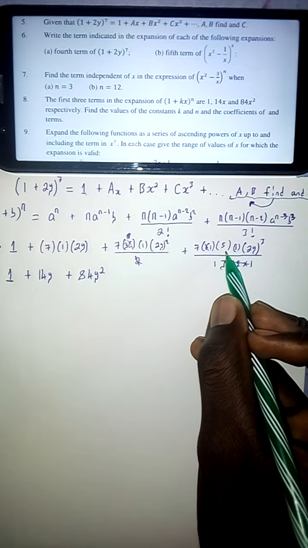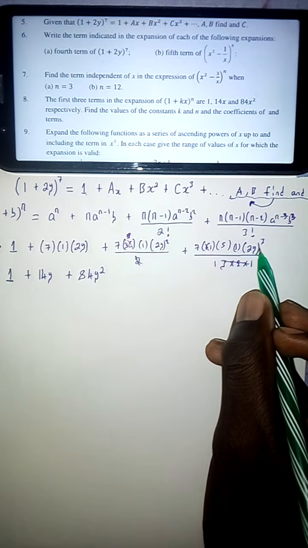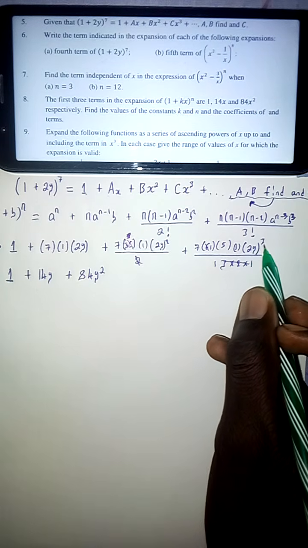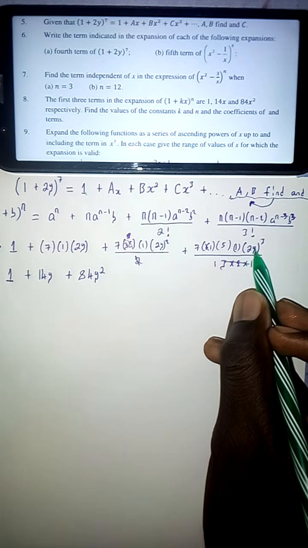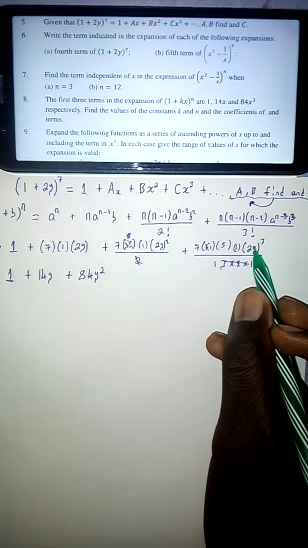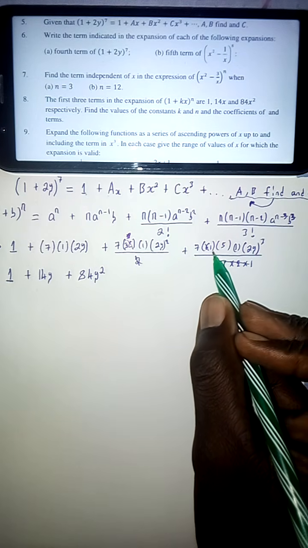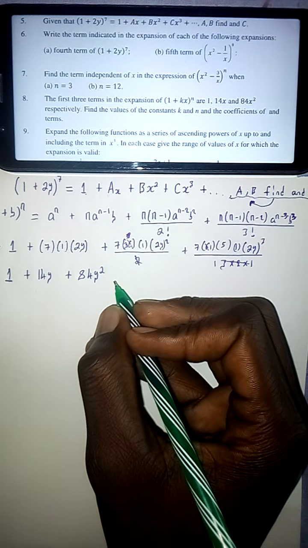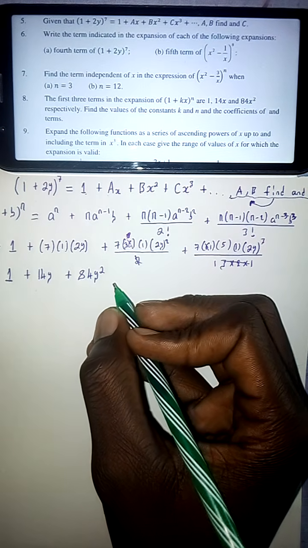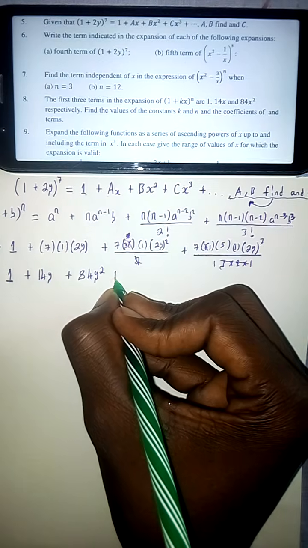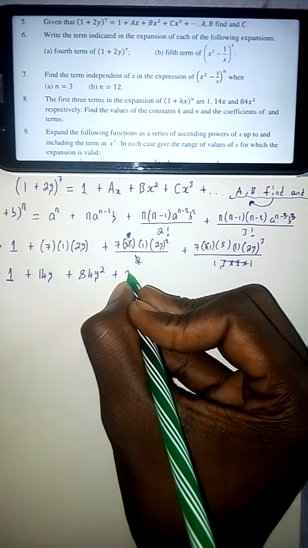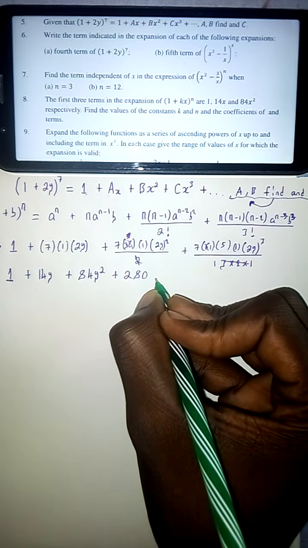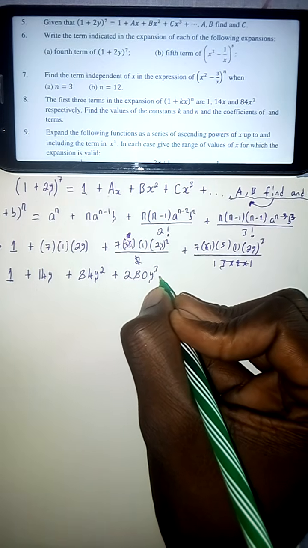Then here we're going to have 8y cubed. So 8y cubed multiplied by 35. What are you getting, guys? Me, I'm getting 280y cubed.